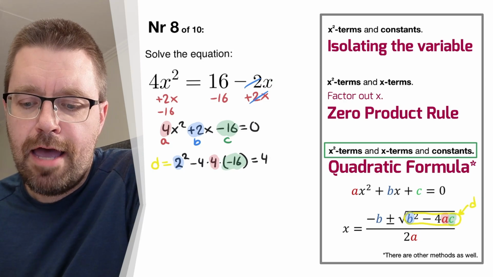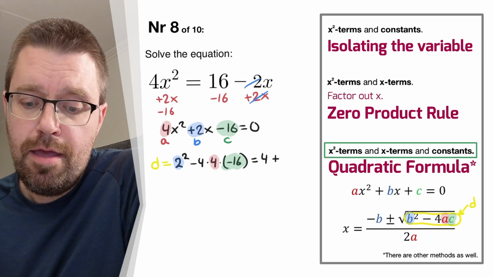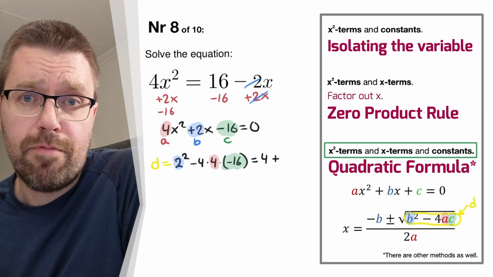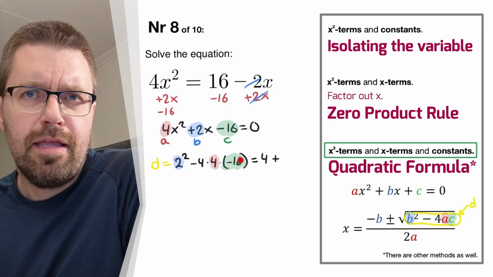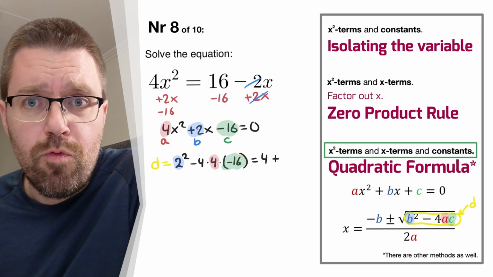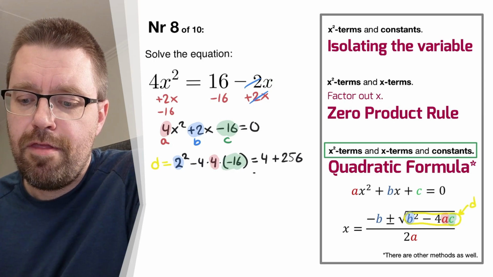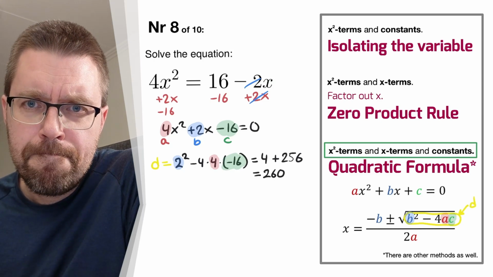Then I know that I have 4, and then we have plus because minus times minus becomes positive, and then 4 times 4, and then 16 is also 4 times 4. 4 raised by 4 equals 256, so this will be equal to 260.